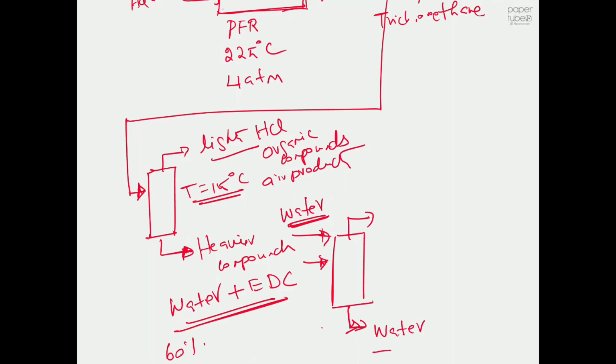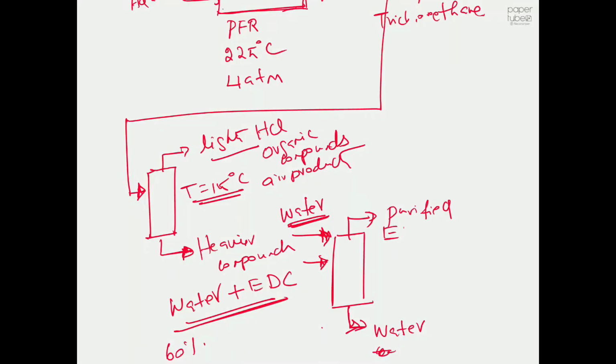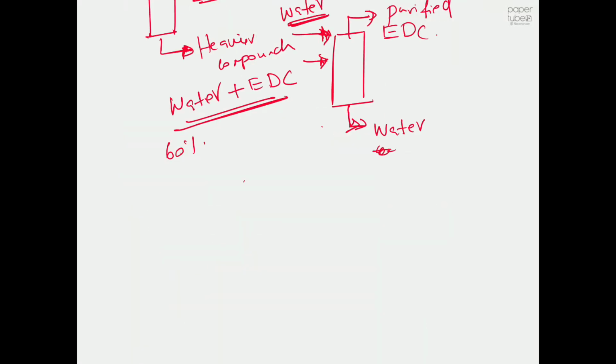Using water as a solvent, water will strip all the organic compounds, so you will get water in the bottom, and then you will get a purified product, ethylene dichloride. So at the end of your liquid extraction, you will have two phases.